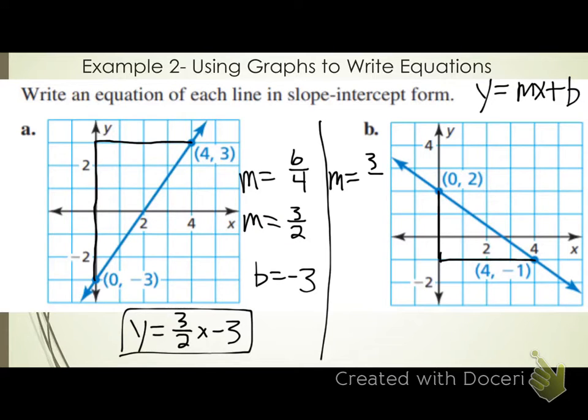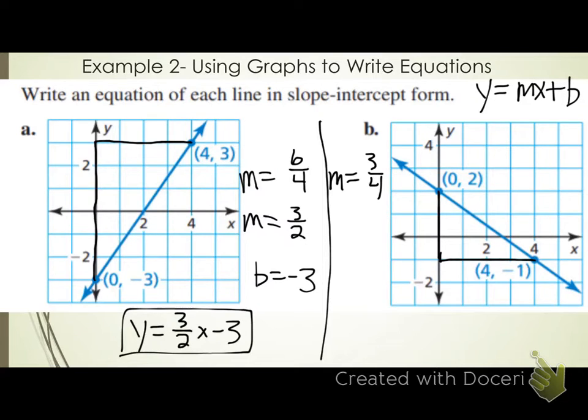Is everyone okay how we're getting 3 over 4? Height of the triangle is my rise, 1, 2, 3. Width of my triangle is the run, 1, 2, 3, 4. We okay there?